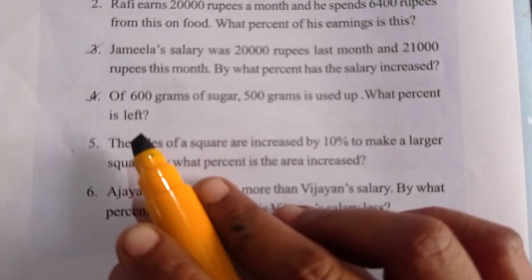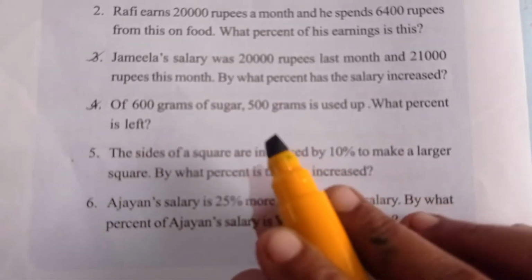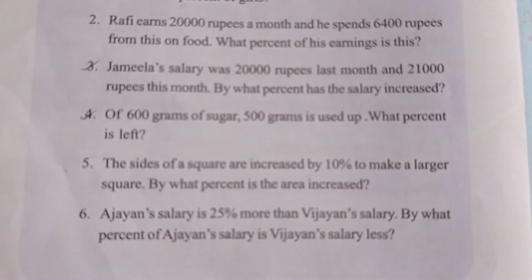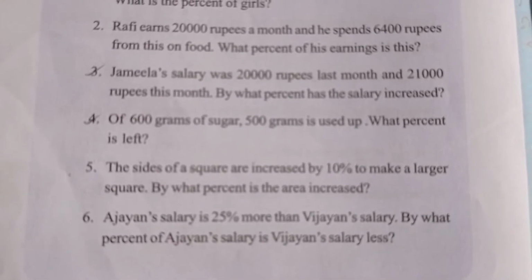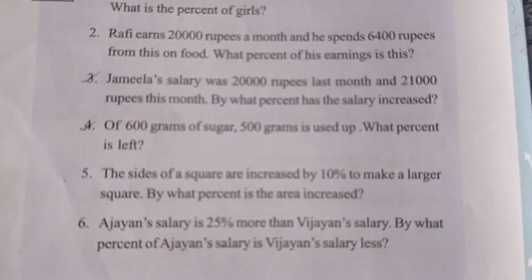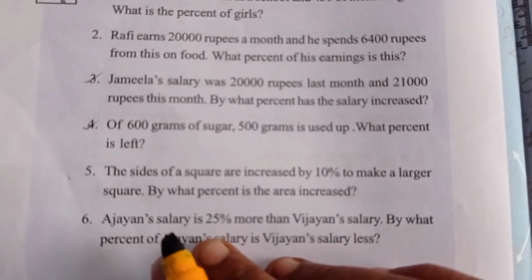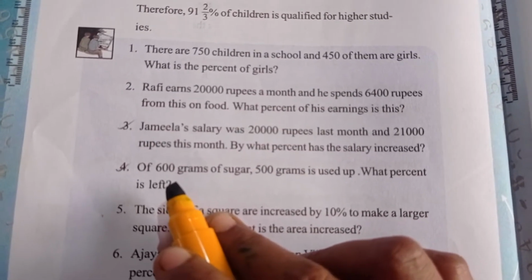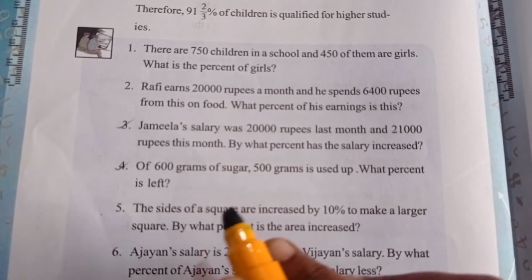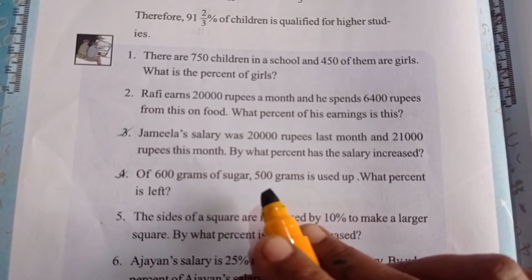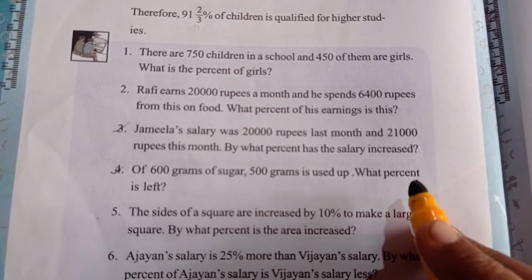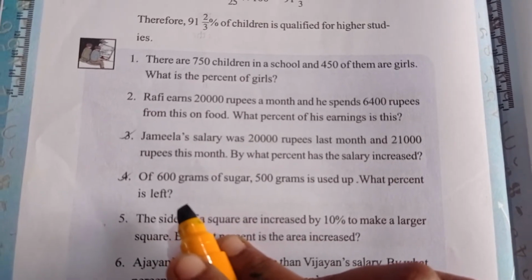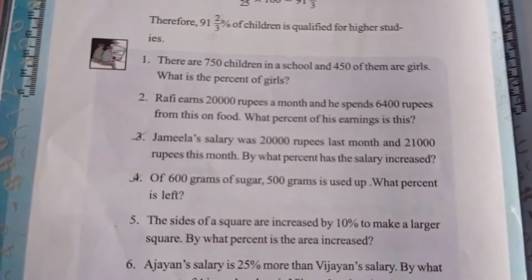Fourth question. Of 600 grams of sugar, 500 grams is used up. What percent is left? The total amount of sugar is 600 grams. Out of 600, 500 grams is used up. Then what percent is the amount of sugar left?